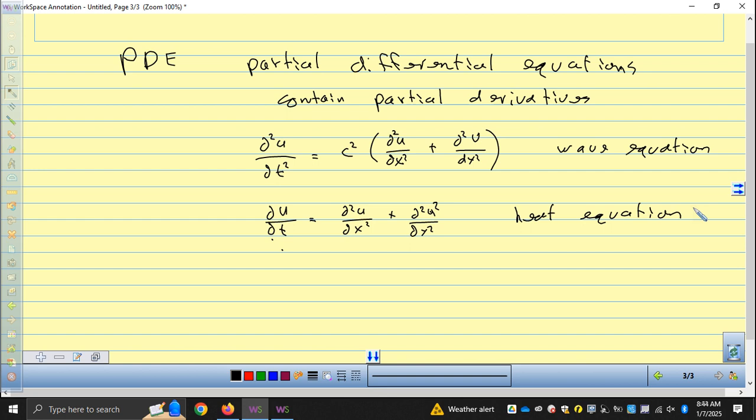U would be our temperature function, and that talks about how the temperature in some two-dimensional plane region changes with respect to distance from the origin and with respect to time. Because the temperature can vary with respect to distance and with respect to time.